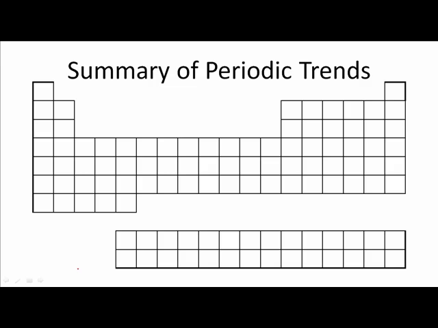So for francium, these are going to be the largest atoms. In terms of ionization energy, down there on the lower left, lowest. They're going to have the lowest electronegativity. And they'd be the most metallic.